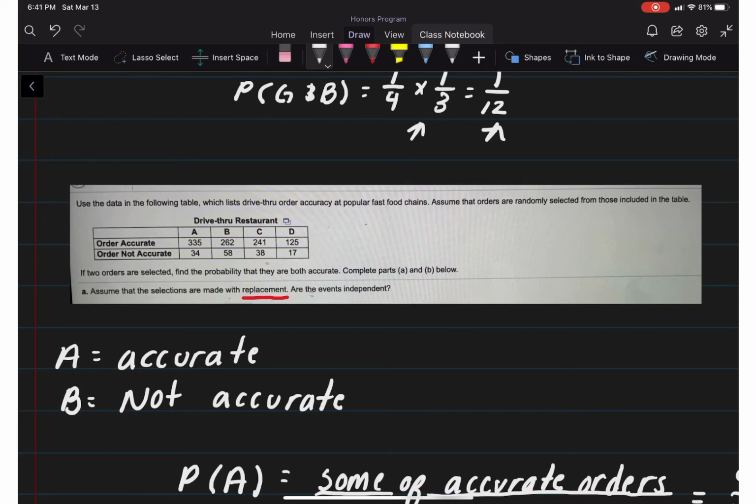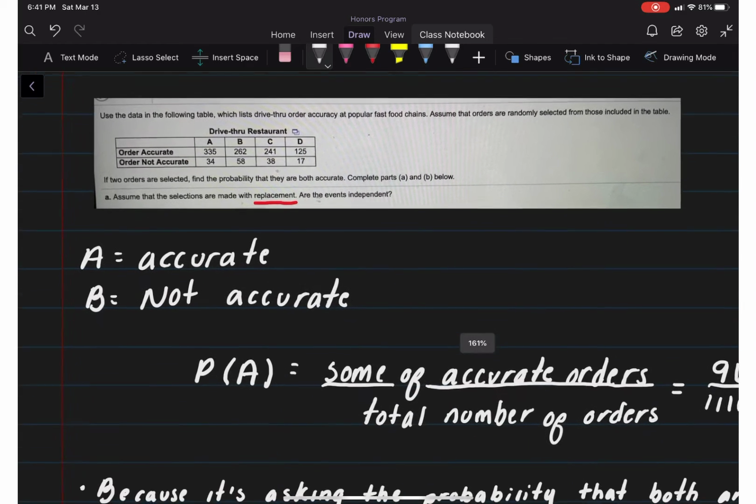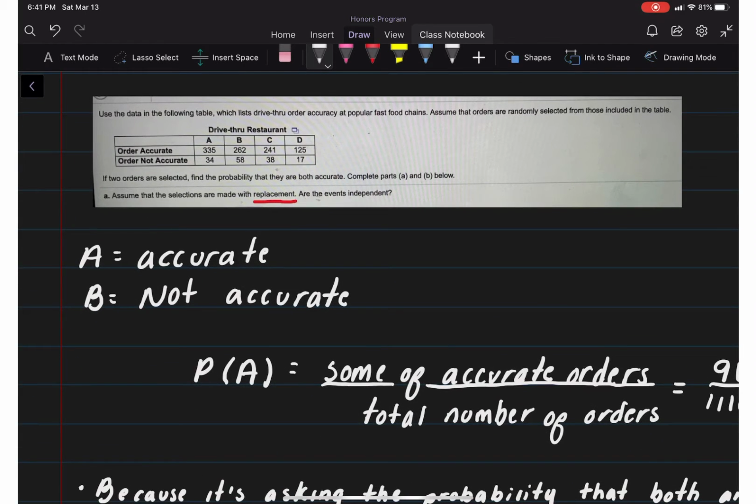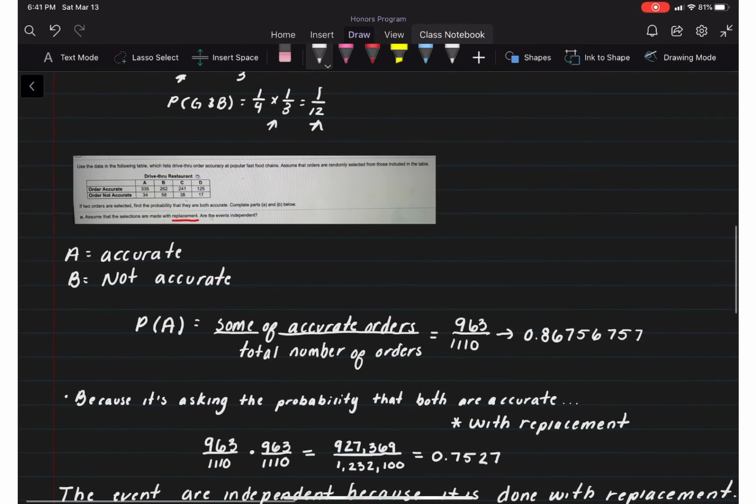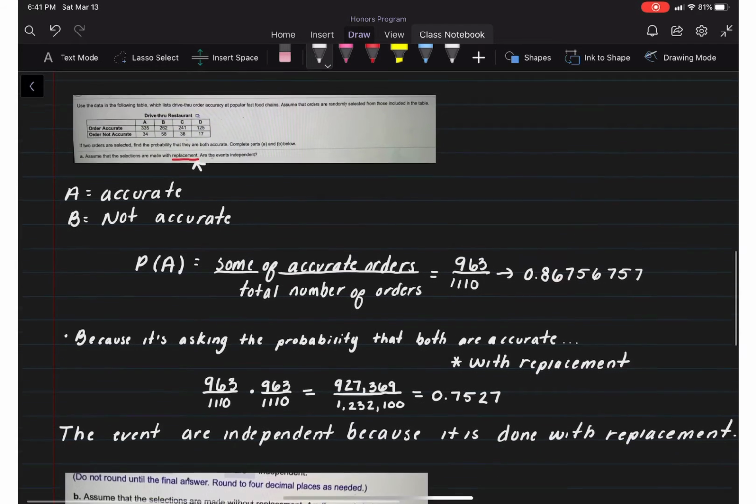If 2 orders are selected, find the probability that they are both accurate. Okay, so assume that the selections are made with replacement. Are the events independent? So the important part here is this right here where it says with replacement.